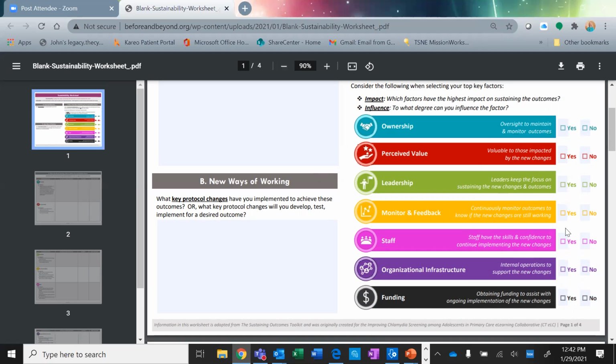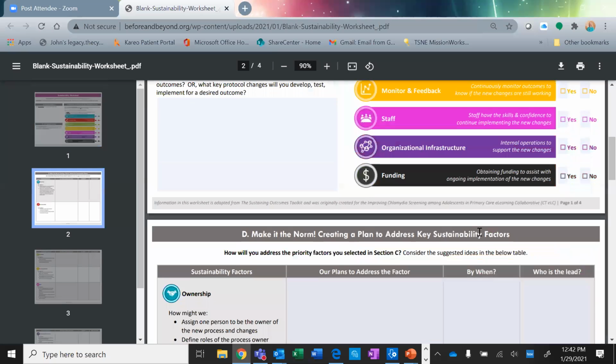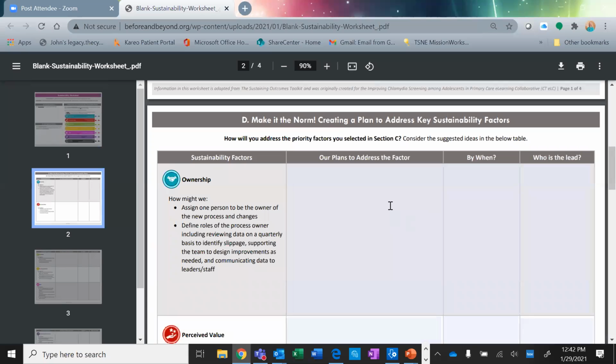But what 3 or 4 here do we definitely know that we can impact, and we have some degree of influence toward that factor? Then you can go through this, and it's kind of fun. You go through and say, what is our plan for that? I've had groups do this individually and then come back together and share the way they see it.